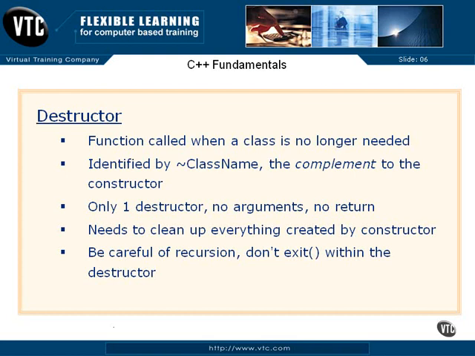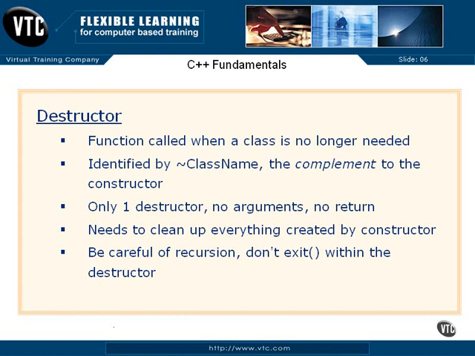And we're the ones that created it, so we're the only ones that really know how to get rid of it. So again, the destructor is the function that is called when a class is no longer needed, or when that class object goes out of scope and it's no longer necessary to be in memory. Of course, when the entire program ends, anything that is still in scope will have its destructors called so that it's gotten rid of.